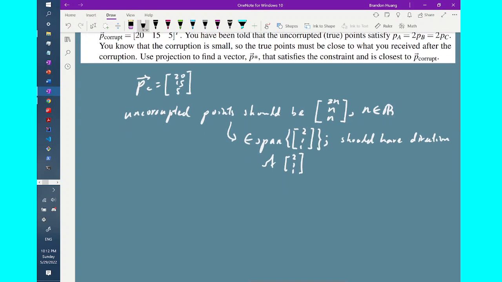So let's review what we're having again. We have P corrupt, which looks something like this. And then we also have a true direction that is uncorrupted.